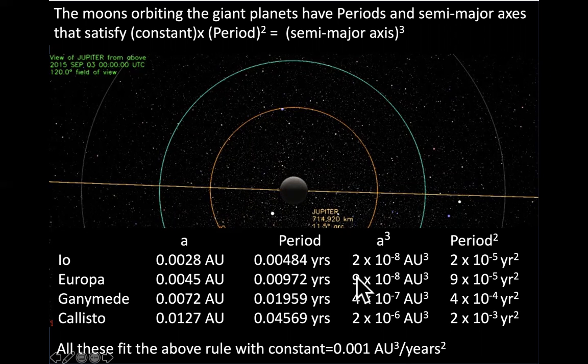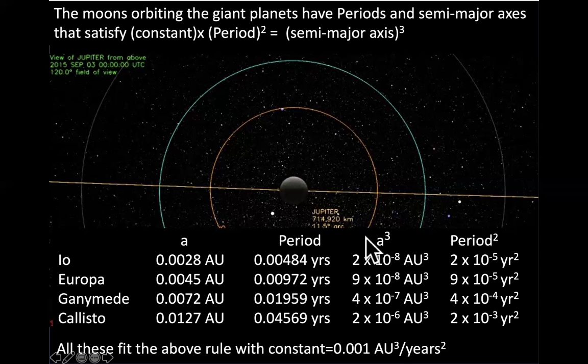If I look at the next moon out, I get 9 times 10 to the minus 8 and 9 times 10 to the minus 5. Oh, the ratio is again 10 to the minus 3, 1 in 1,000. And that works for all of them.